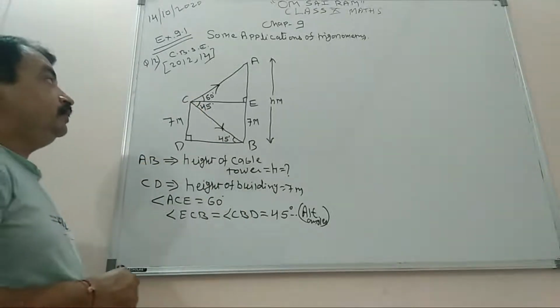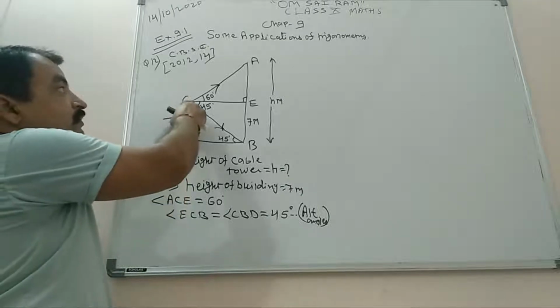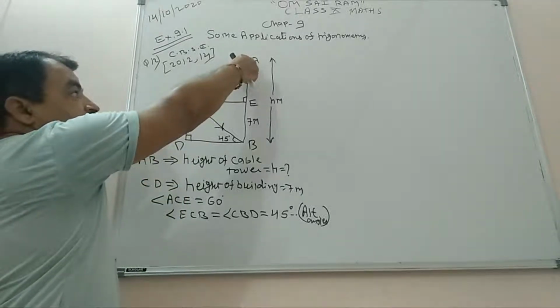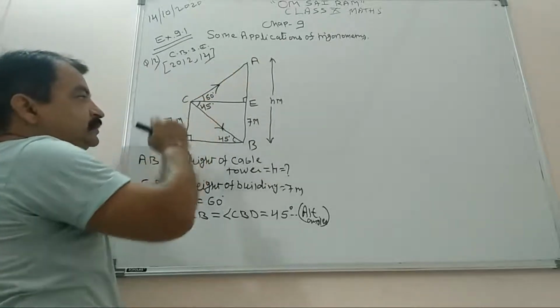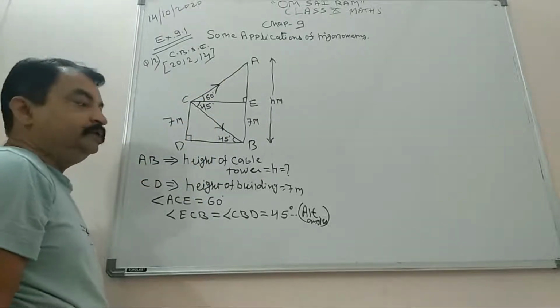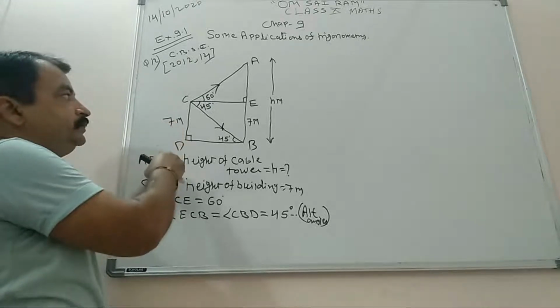When the observer observes the top of the cable tower, AB is the cable tower, children, and CD is the building, which is 7 meters high.